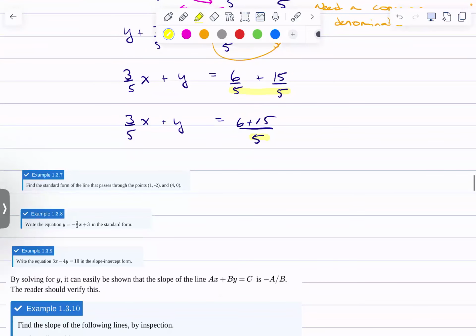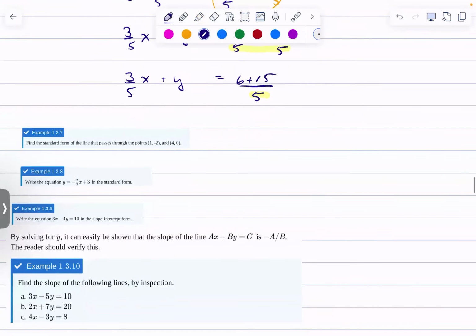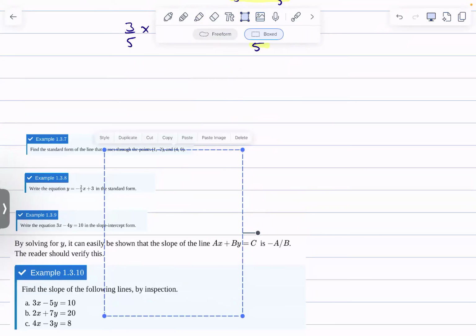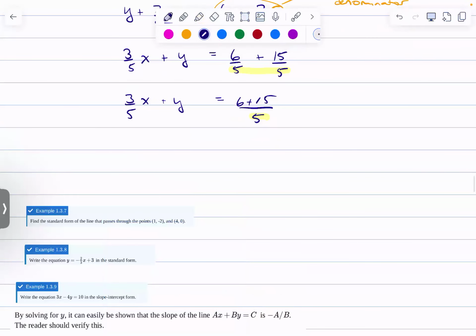Hey, that's exactly what my calculator told me. 21 over 5. So now I get 21 over 5, and I have 3 over 5x plus y.